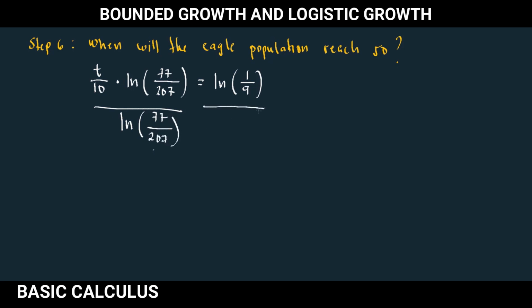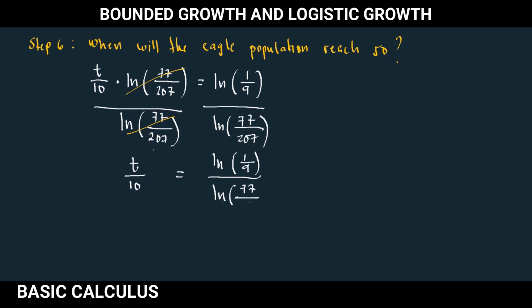This cancels out, so we're left with t over 10 equal to ln of 1 over 9 over ln of 77 over 207.